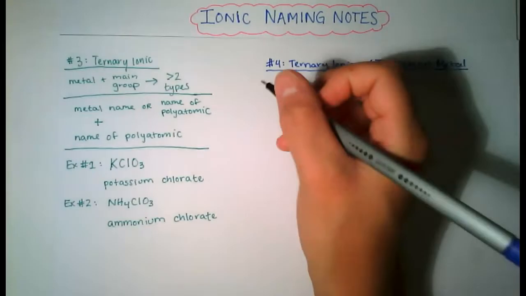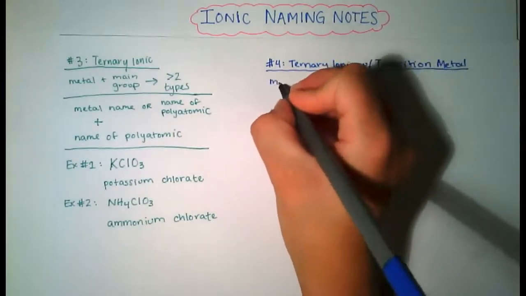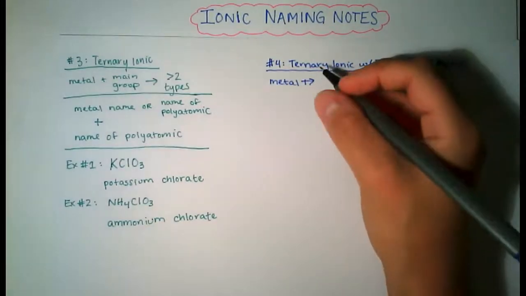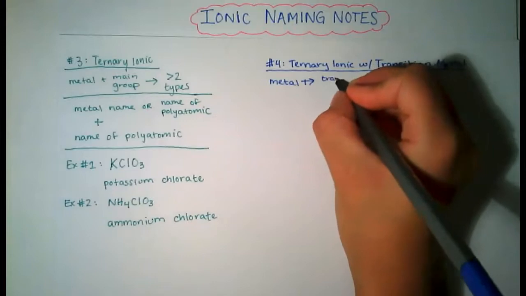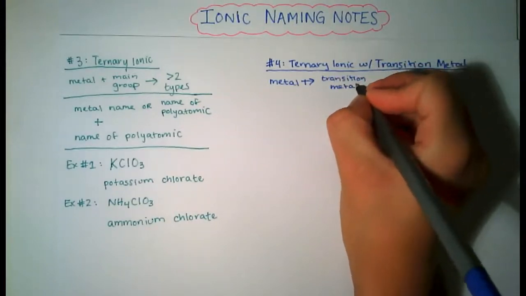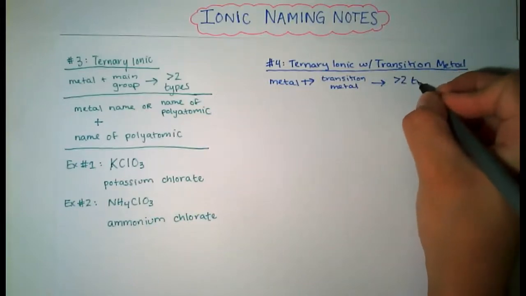And the way that you'll know that you have a ternary ionic with a transition metal is you have a metal to start, and then, instead of it being a main group metal, it's a transition metal. And then you have more than 2 types of elements.